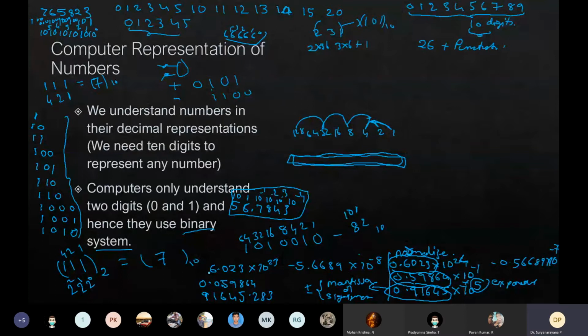In front of that digit, you want to move the decimal point. When you do that, of course, for that manipulation, you'll be adjusting the exponent.